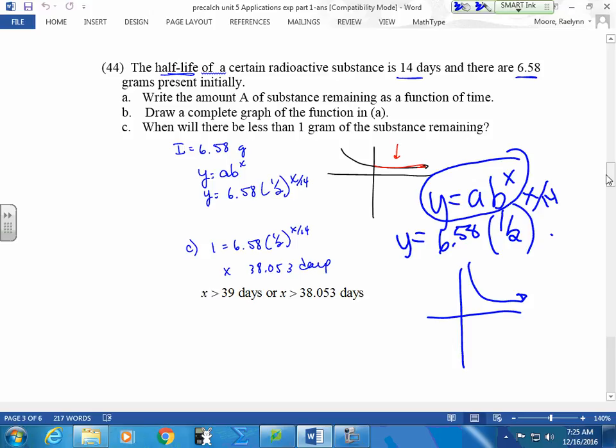It has to be a little bit more than that if you round it to the number of days. More than 39 days. Greater than 38.053. We round anyway, so we're not as exact on this. We put the less than here. Set it up afterwards. I don't want that to throw you off, so whatever works out for you there is fine.